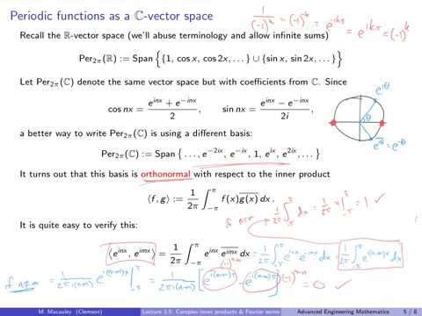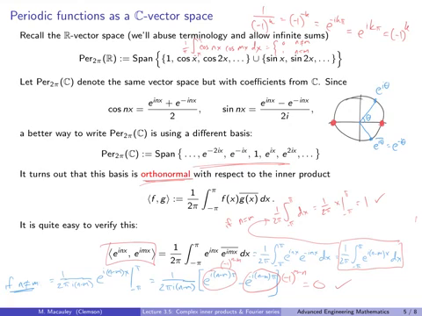This was a lot easier to check. Remember how we had to check the sines and cosines being orthonormal? Now, I didn't actually do it, but I said you would have to verify that. Remember that the integral of cosine of nx times cosine of mx dx from negative pi to pi of 1 over pi had to be either 0 or 1. 0 if n and m were different, and 1 if n equals m.